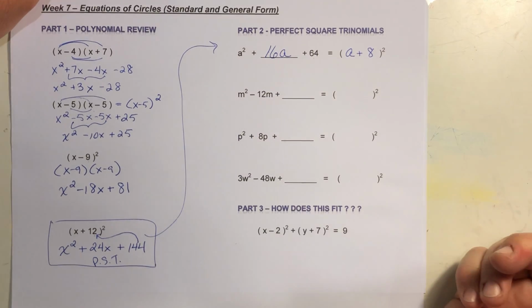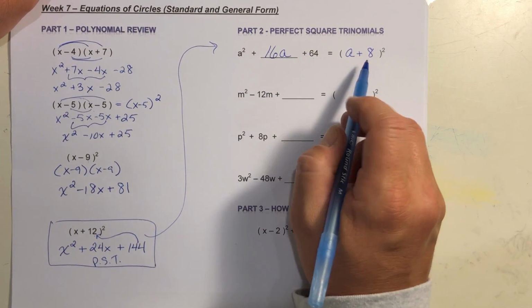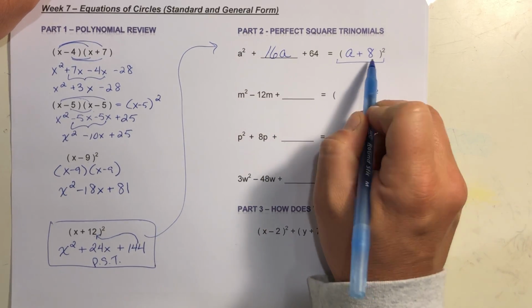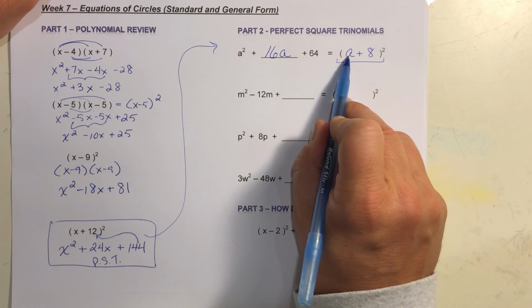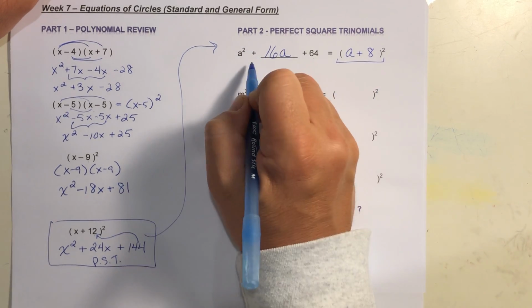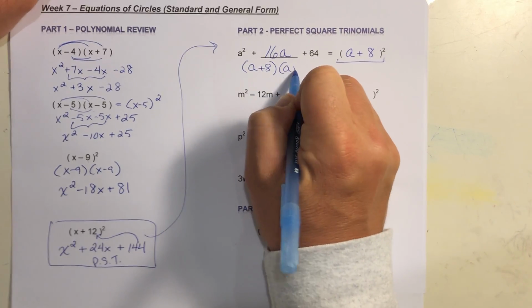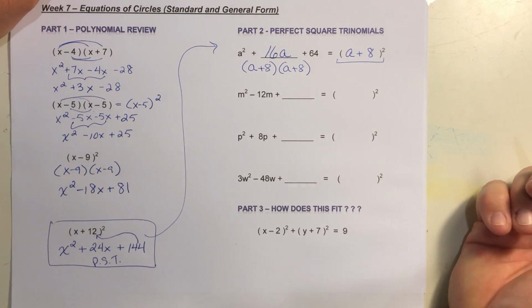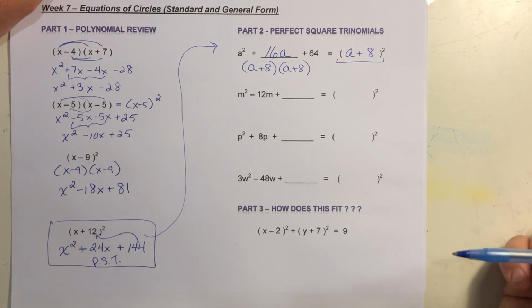All right? What I'm trying to get you to realize is we're kind of going backwards now, right? If we want this perfect square trinomial, then we need one term times itself. So what this could also be written as is a plus 8 times itself. All right? Now, I'm just going to keep it moving here. Eventually this is hopefully going to all come together.